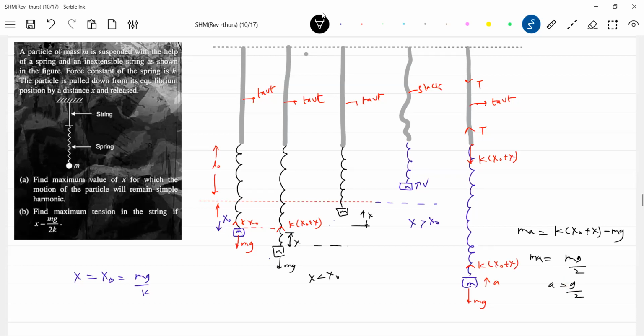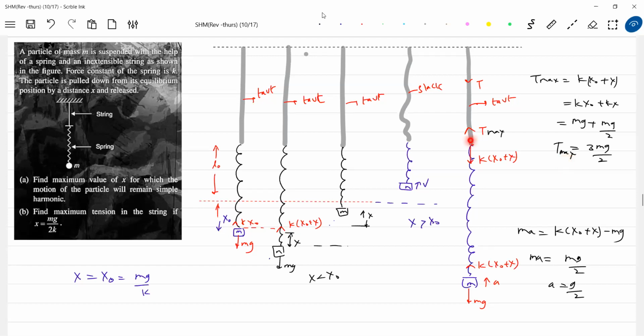Maximum tension is asked, so this tension will be maximum when the block is at the lower extreme. When the block is at the lower extreme, it will be T max.